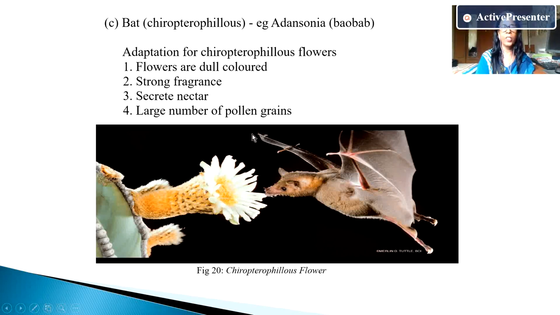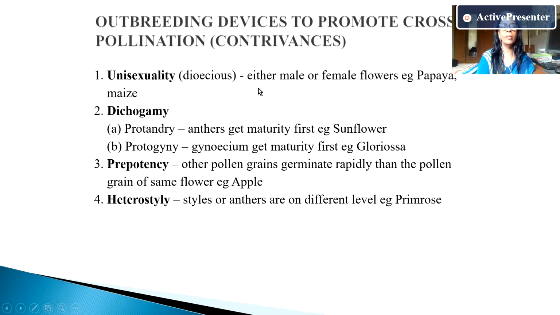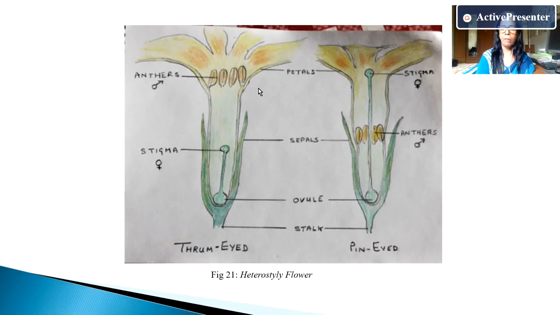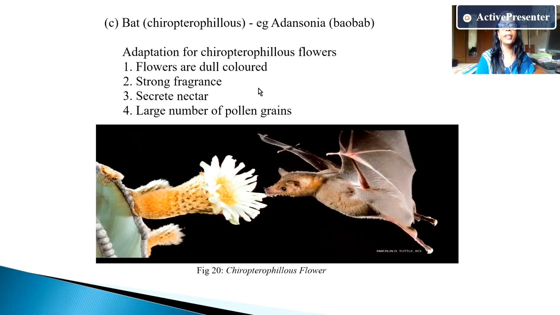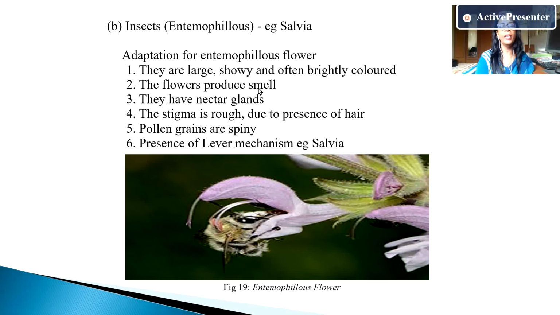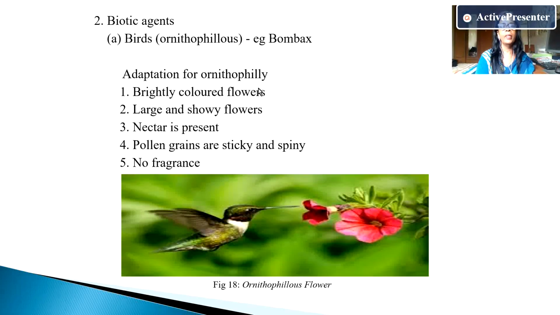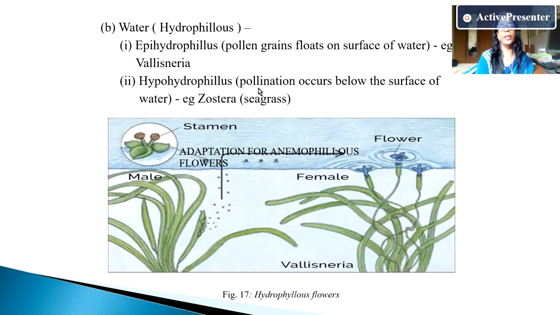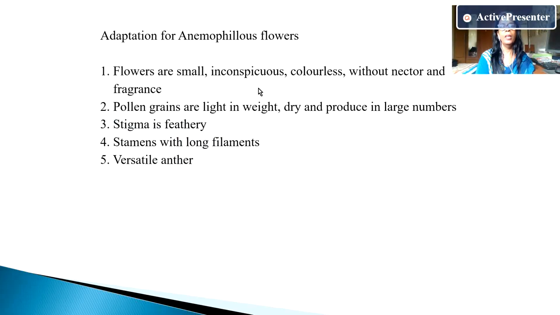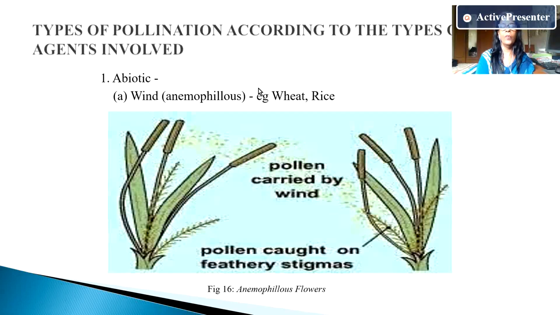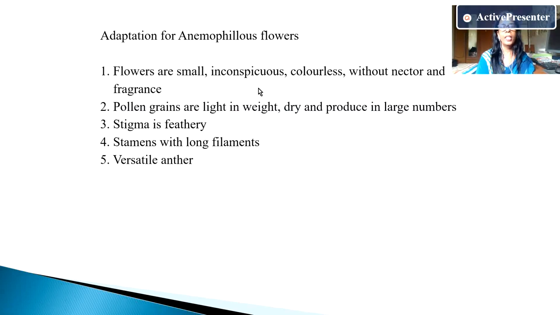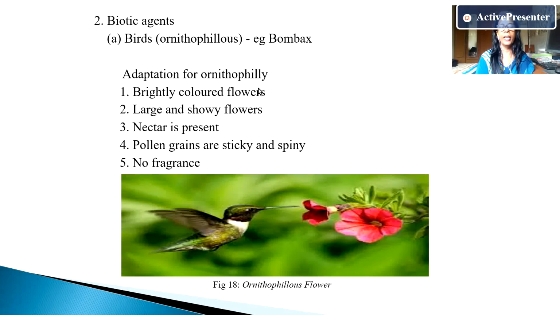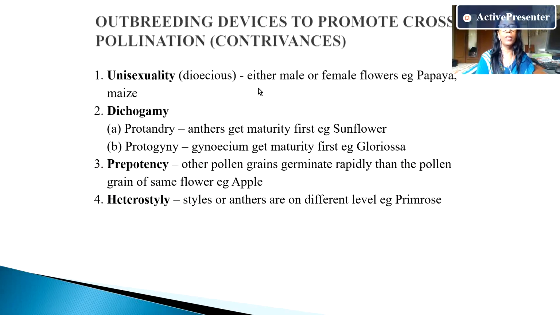Bat pollinated chiropterophilous flowers, entomophilous flowers, then ornithophilous flowers, those are biotic agents. And water hydrophilous flowers are abiotic, and the next one is wind pollinated flowers. So these are the different types of pollination and adaptations present in different flowers.